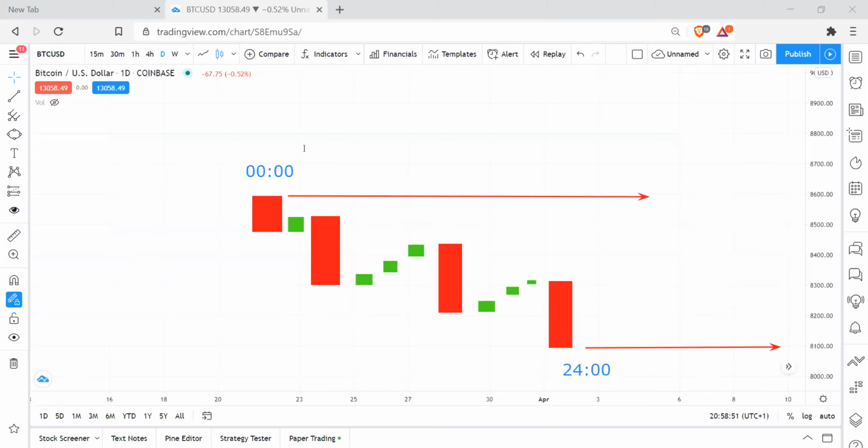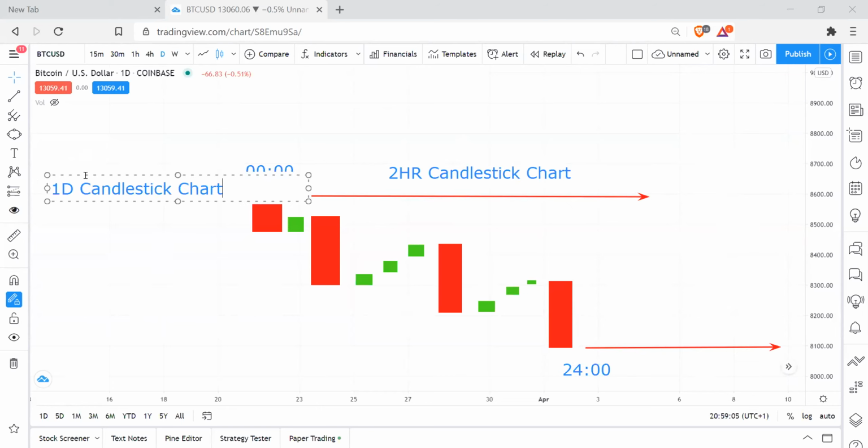All this was done on a 2-hour candlestick chart. On a 1-day candlestick chart, what do we see? We would see it as just one single candle all the way from here to here.